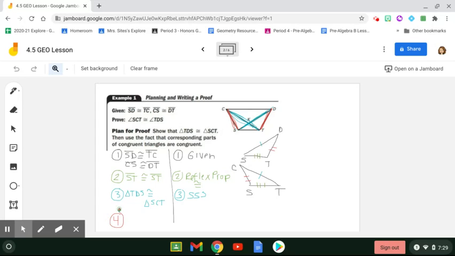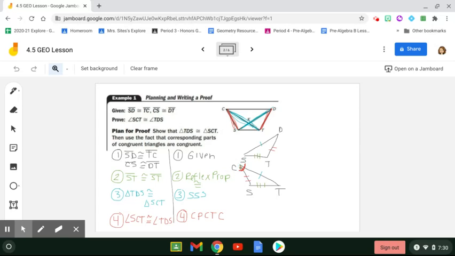I can go right into saying that angle SCT is congruent to angle TDS. And my reason is going to be corresponding parts of congruent triangles are congruent. And you can abbreviate using that acronym, like I said. And the reason again for that is because if you know that the triangles are congruent, then all corresponding angles would also be congruent.